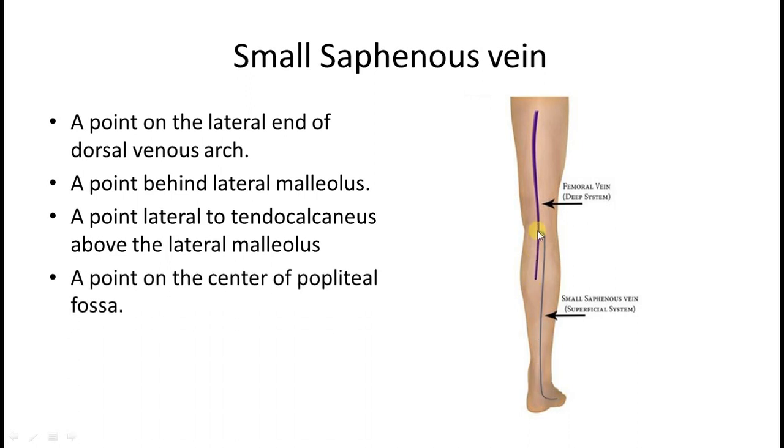Then a point on the center of the popliteal fossa. That gives the surface projection of the small saphenous vein.